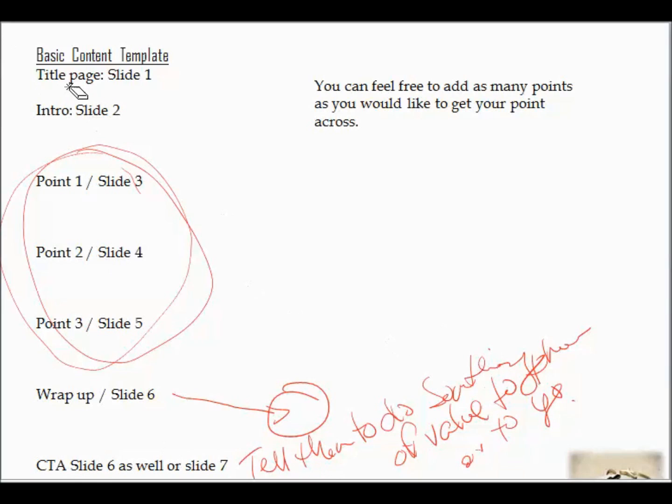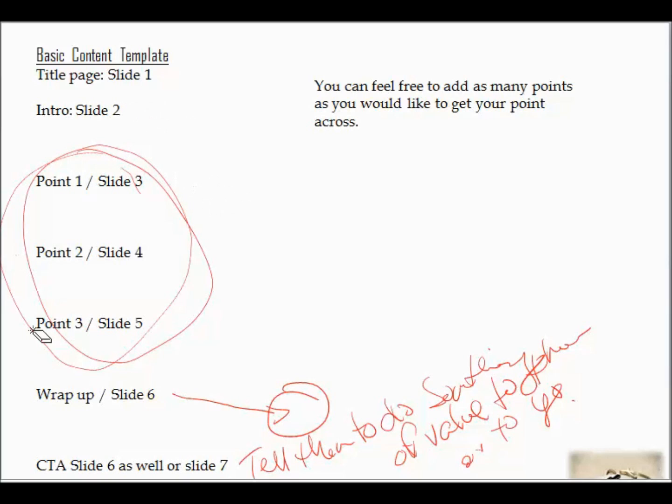So like I said, you want to start off with your title page, whatever you want to put there, the title, the table of contents, or just the title, that's up to you. Intro: this could be your intro paragraph or your table of contents.